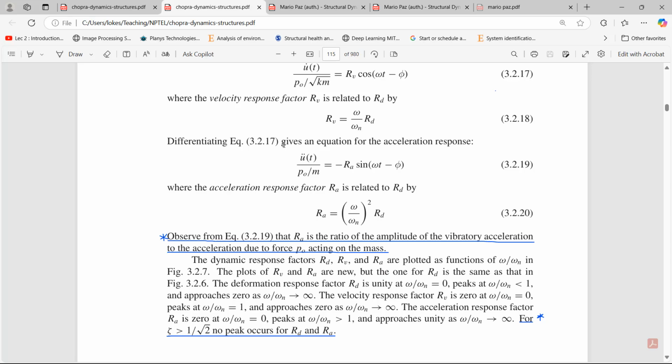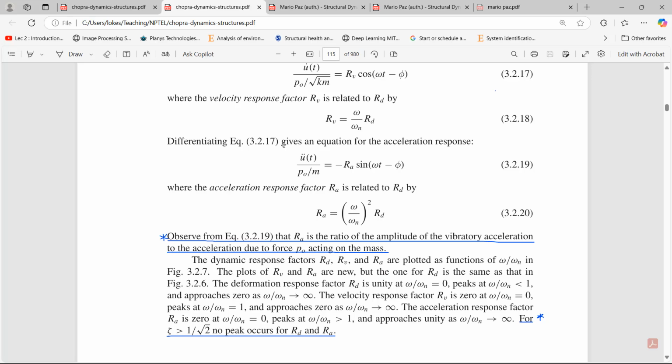And this ug double dot is the amplitude of the acceleration, times sine omega t minus phi. If you observe this equation, we are measuring ug modified by a term Rd by omega n square. That means the amplitude is getting modified by Rd by omega n square.